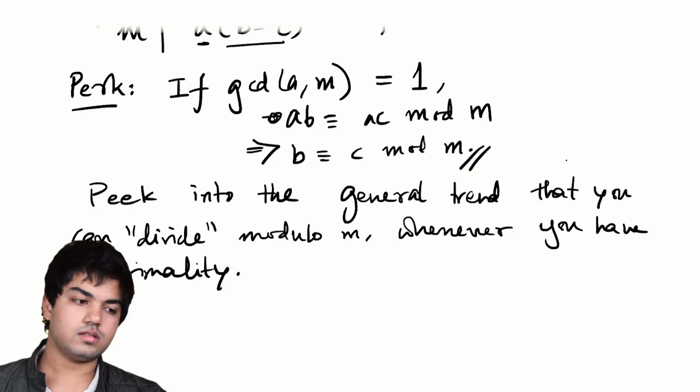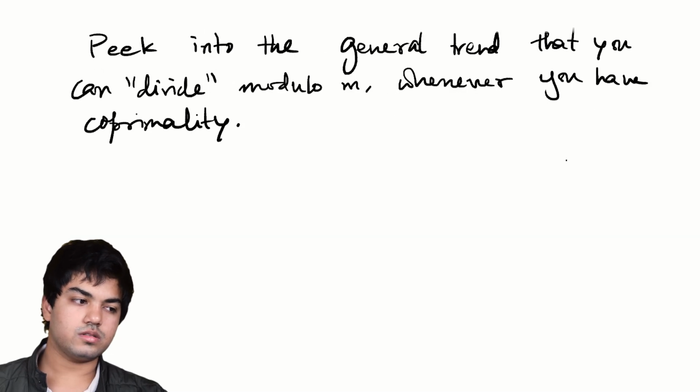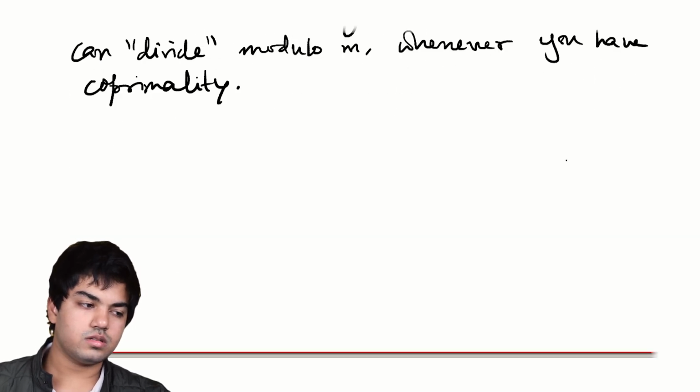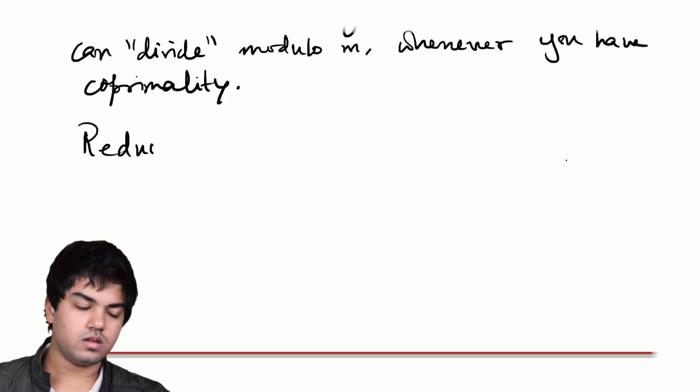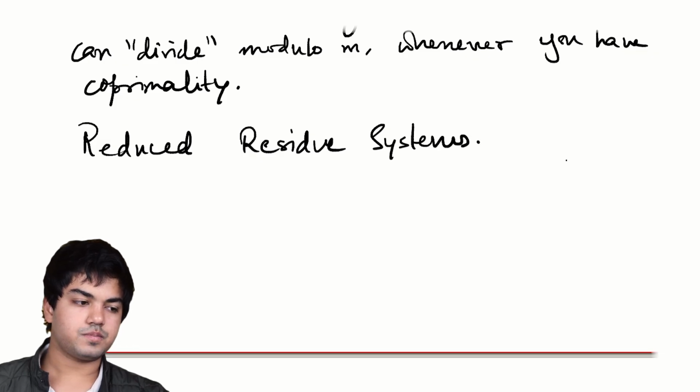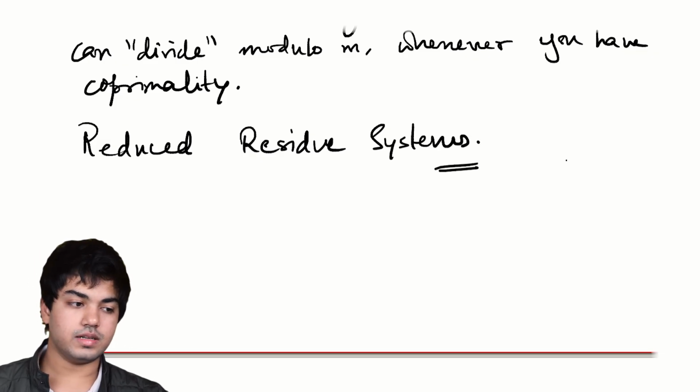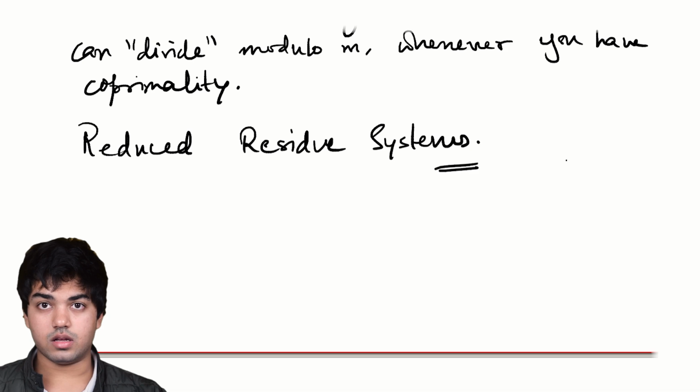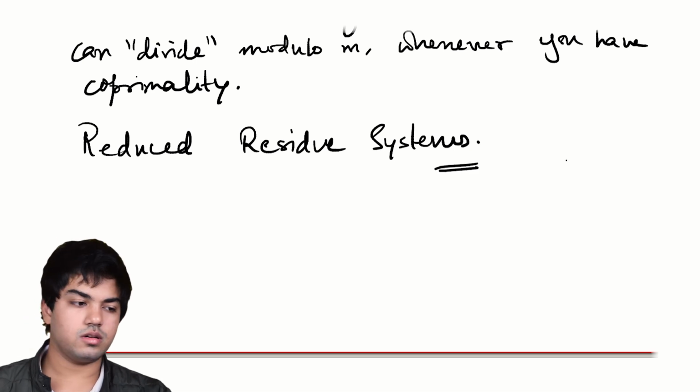The point here is, I'll introduce the notion of reduced residue systems. It's a fancy word for a simple idea. What are the numbers modulo m? What are the distinct remainders modulo m?